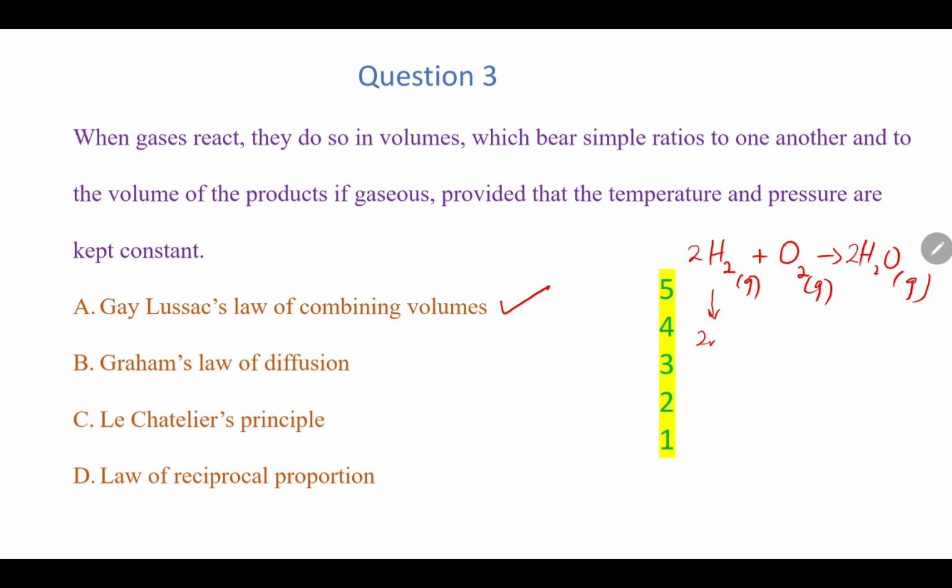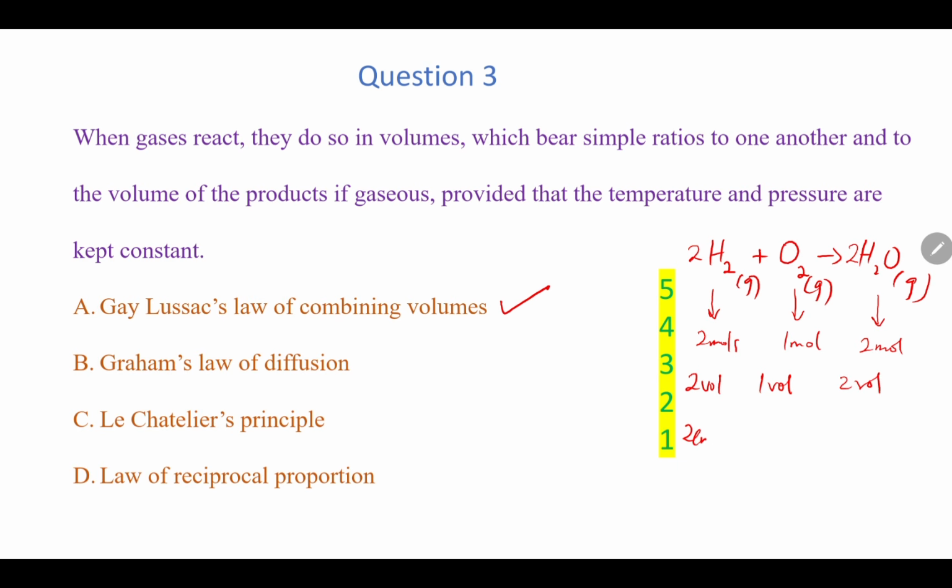This is 2 moles of hydrogen reacting with 1 mole of oxygen to give 2 moles of water, and that is equivalent to 2 volumes of hydrogen reacting with 1 volume of oxygen to give 2 volumes of water.